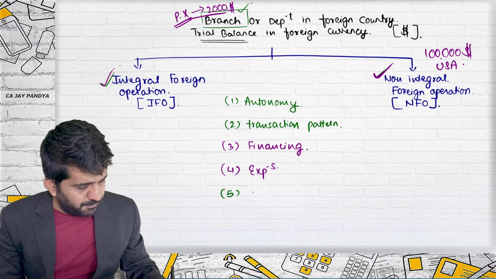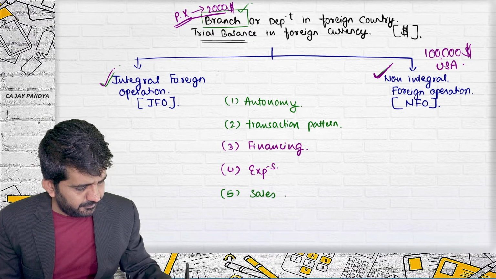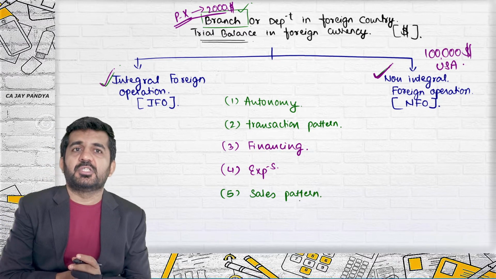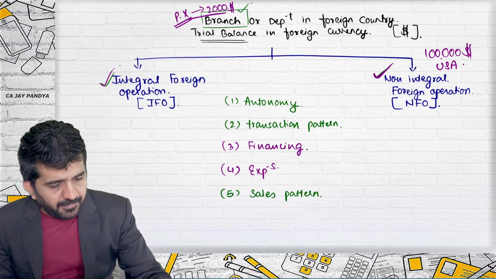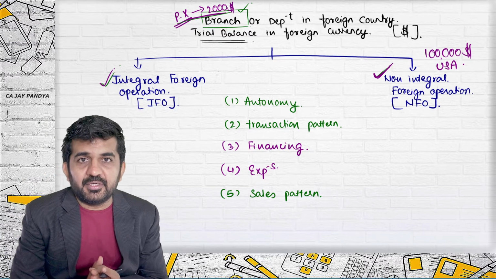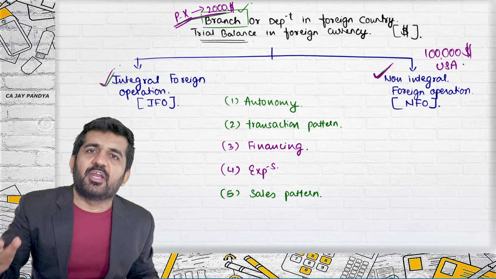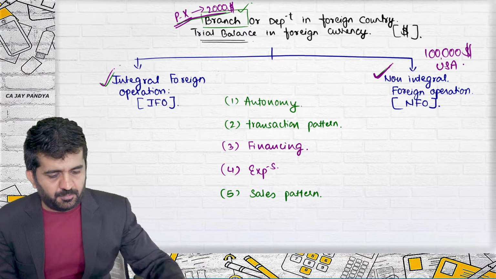Next is sales pattern. As we have discussed earlier, if the product is practically manufactured and sold in the foreign country, it will be non-integral foreign operations.